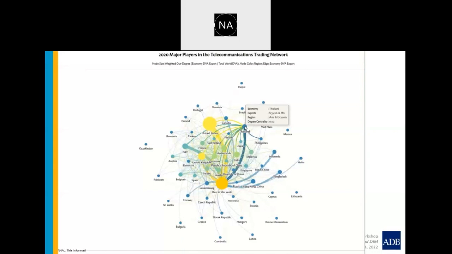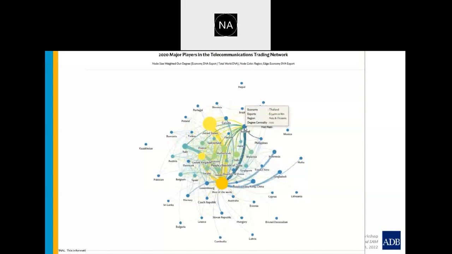Let's see another one. You have here Thailand. Thailand's degree centrality is only 0.02, while China's is 0.18. Even though the total exports of Thailand is higher at $3,000 million compared to China at $942 million.